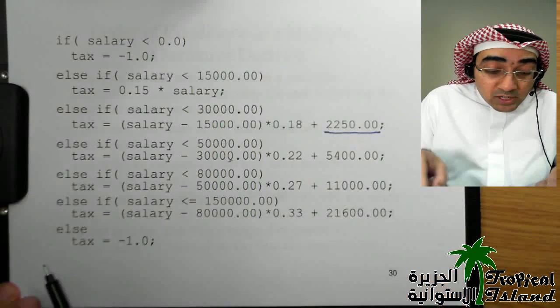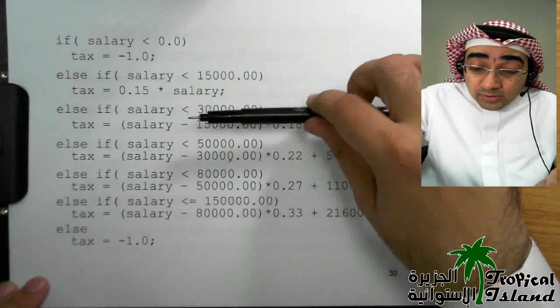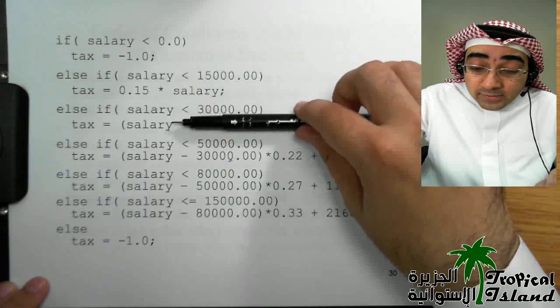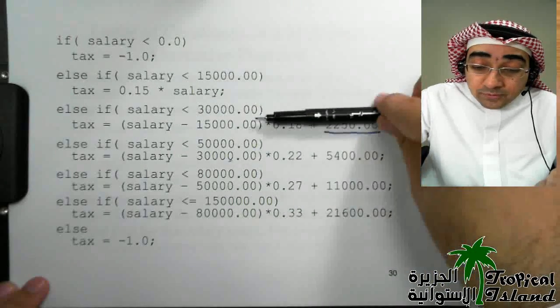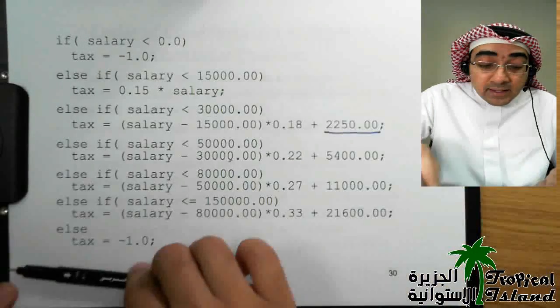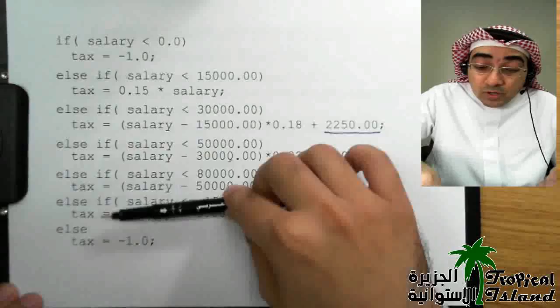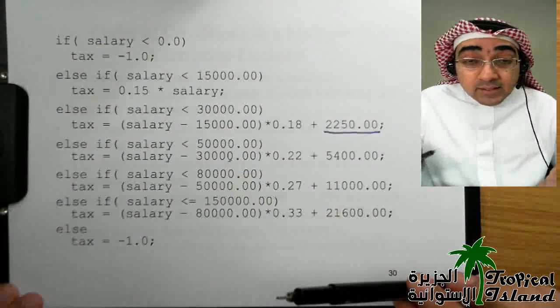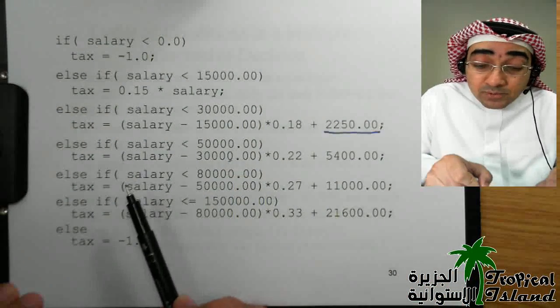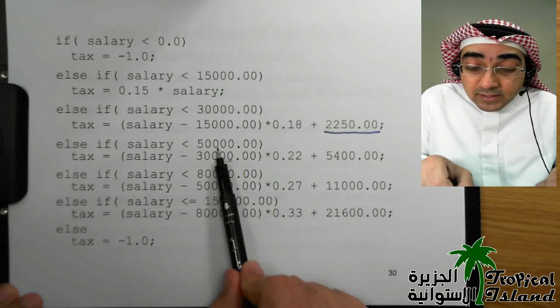And when I finish, I jump out of my if statement. There is only one condition that gets executed: the first condition that becomes true. I conduct the statement of that and jump out of my if statement. Although the other conditions are also true, I do not execute the statements that are in them. So suppose my salary is 20,000. Is salary less than 50,000?